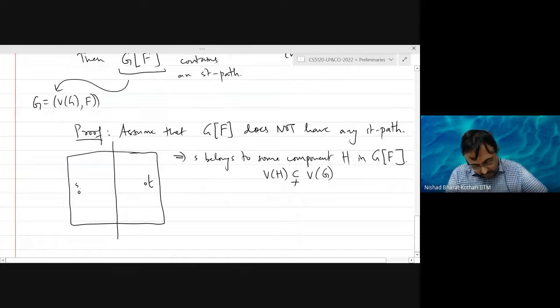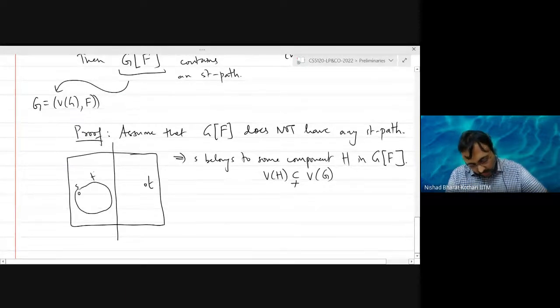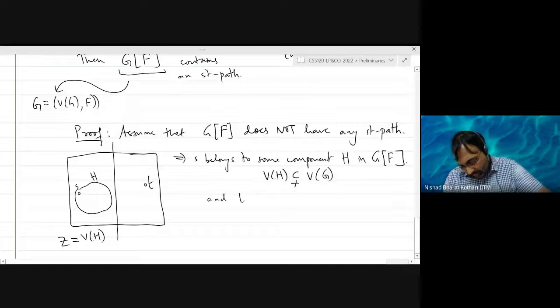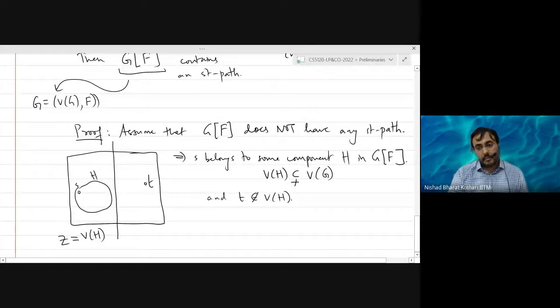So S belongs to some component. So that is going to be our vertex set on the left side. Right? And T does not belong to this component. Right?